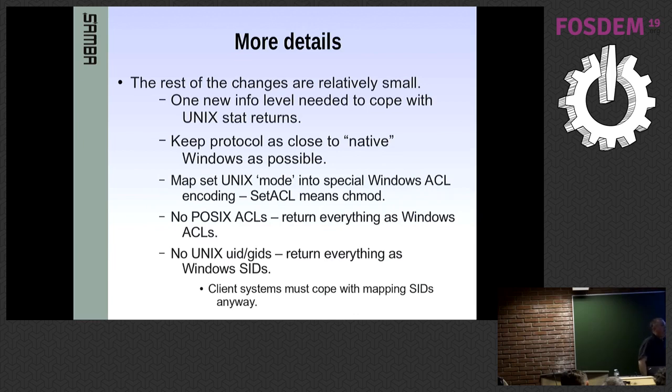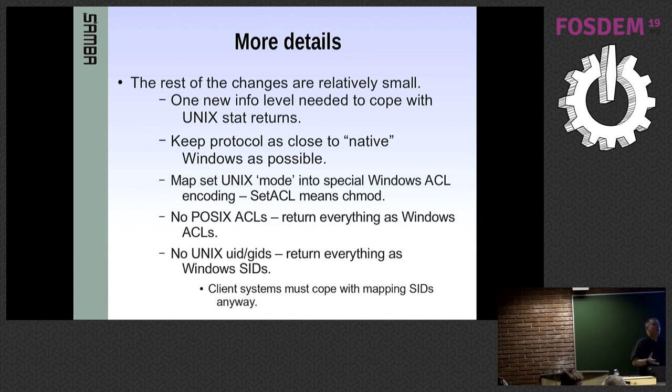And that lies the source of a million bugs and possibly security issues too. If you have one Windows SID that's mapped into one UID on the client and a different UID on the server, that way lies madness and security errors. So, eliminate the problem: Windows SIDs on the wire, nothing else.